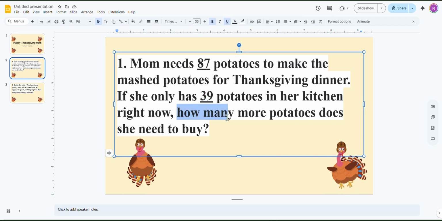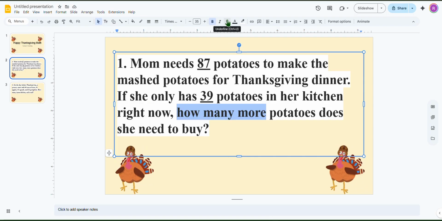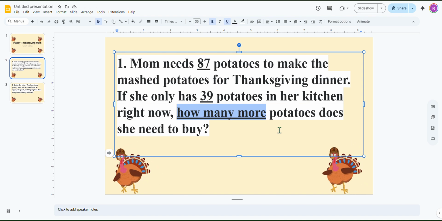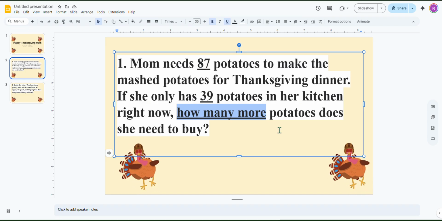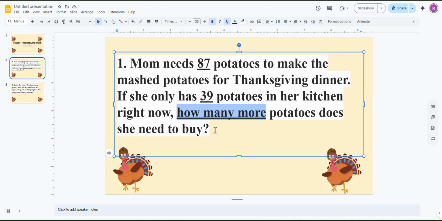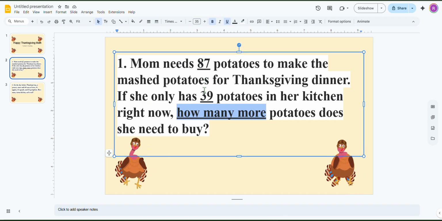How many more is our key detail in saying what kind of operation this needs to be. When we see how many more, this means subtraction. Typically, you're going to be subtracting in one form or another, but this is our key word and phrase for subtraction.